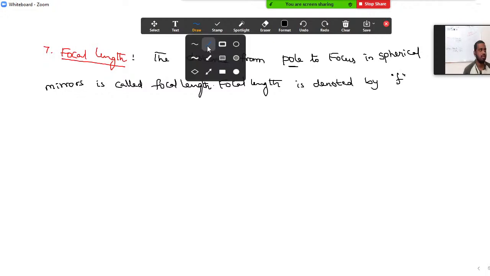Shall we represent pole, focus, center of curvature, focal length, and radius of curvature in the spherical mirrors? Right. In a single diagram, I am going to represent all those things. It is a concave mirror, right? It is the principal axis, right?